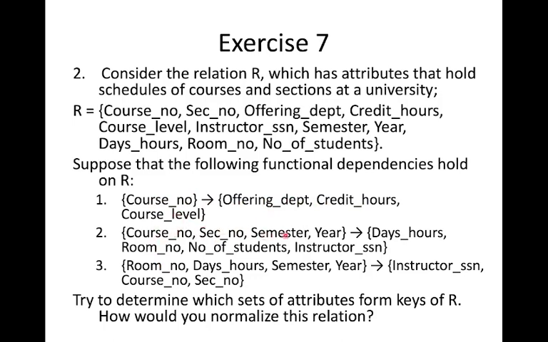Then course number, section number, semester, year to days_hours, room number, number of students, and instructor. And another functional dependency: room number, days_hours, semester, year to instructor assessment, course number, section number. Try to determine which set of attributes form the keys of R. Then you have to normalize this. Check whether it is in first normal form, second normal form, third normal form, and normalize at least up to third normal form.